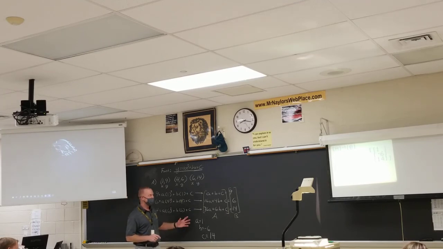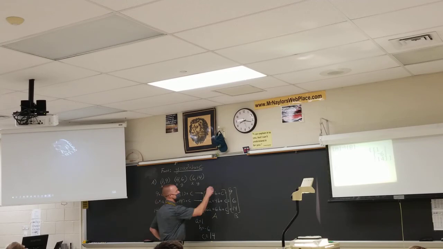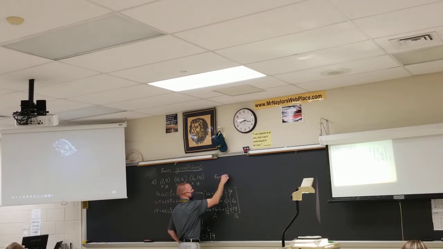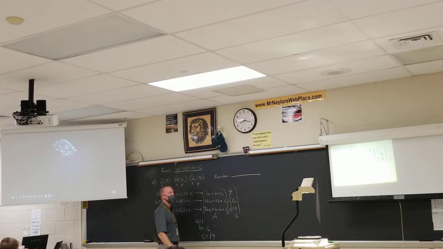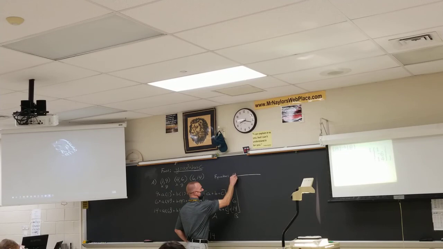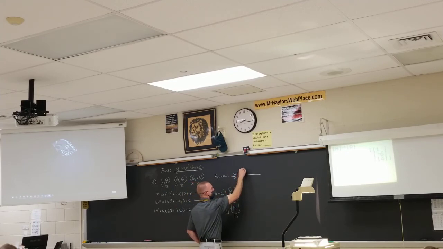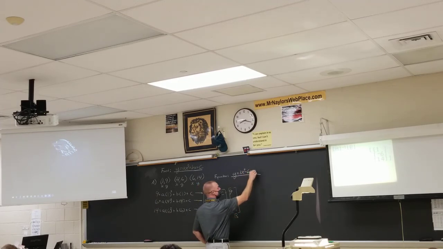So your final answer is taking these coefficients, A, B, and C, and writing them into an equation of the form ax squared, so 1x squared, plus bx, so minus 6x, plus 14.